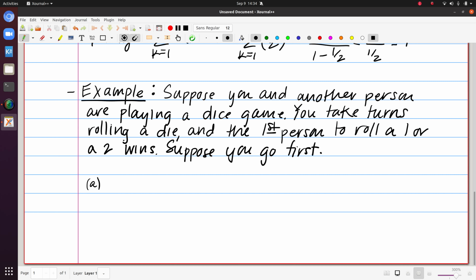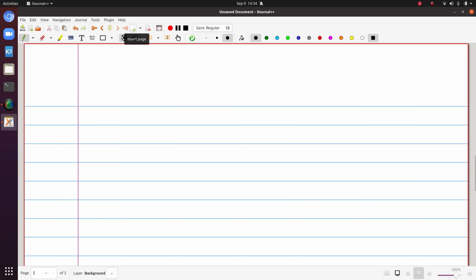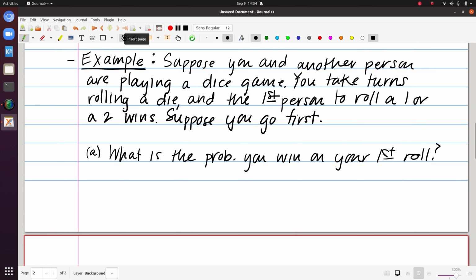A, what is the probability that you win on your first roll? So in this instance, again, we want to think about the fact that you go first.